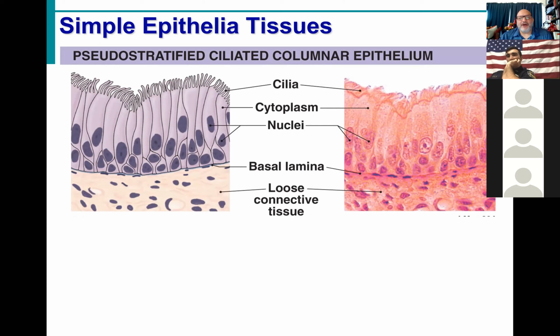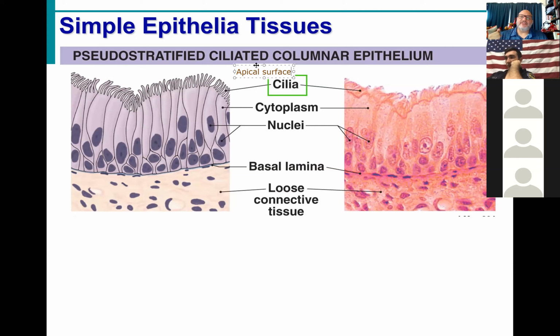So let's talk about all three words, starting first with the cilia. Ciliated is simple. It means it has cilia, and those cilia are always going to be on the apical surface. And remember, cilia are the ones that are motile. These are the ones that move in a wave-like fashion, right?